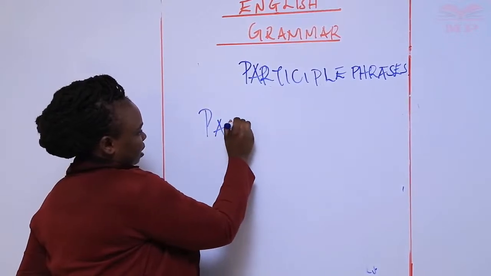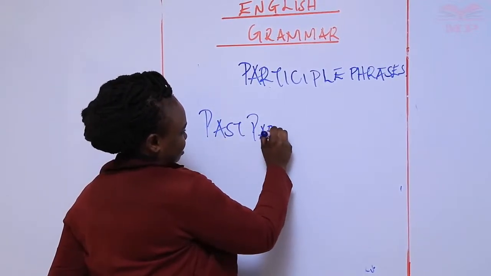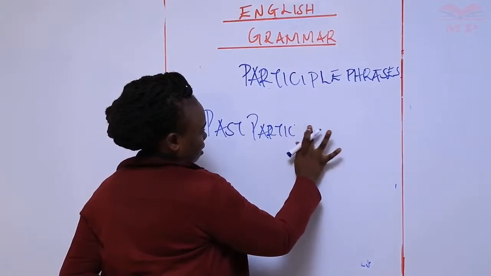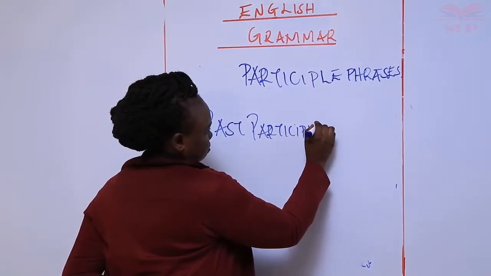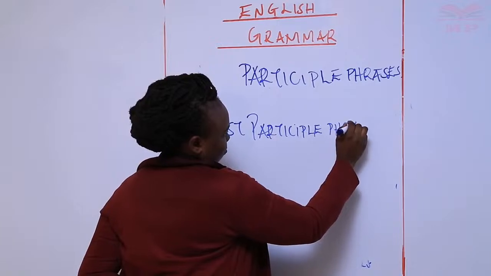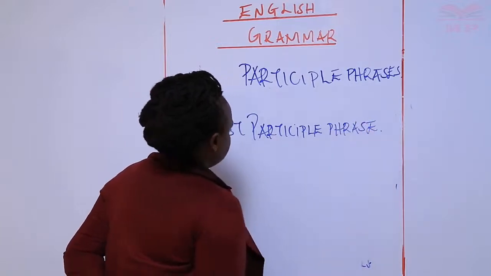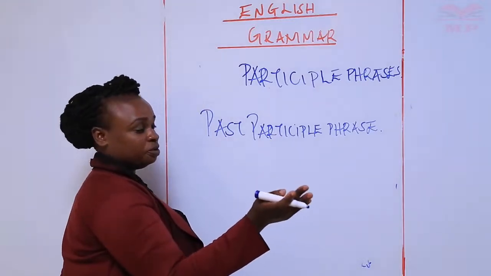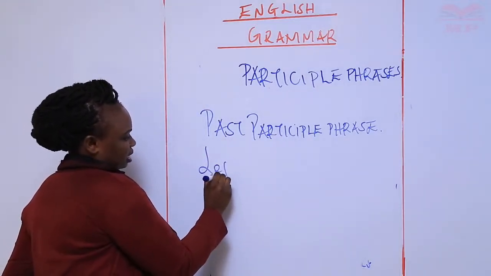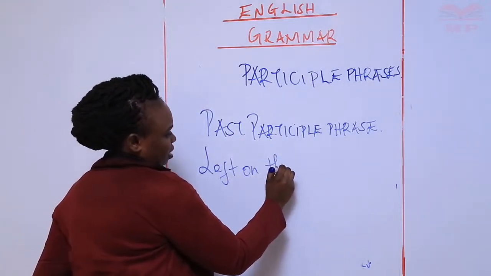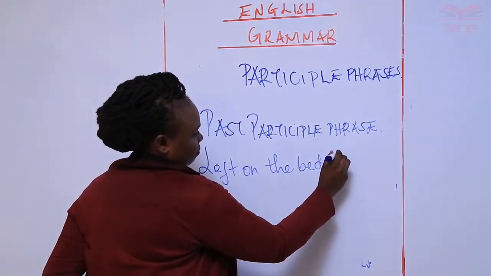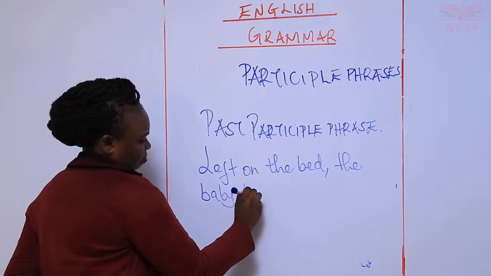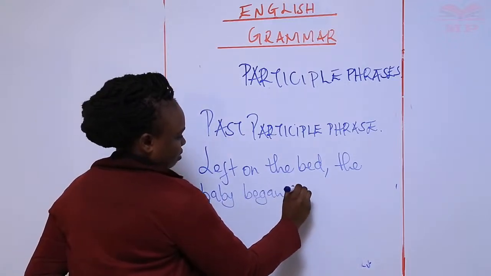So when you look at the past participle phrase, the phrase will start with a past participle. For example, left on the bed, the baby began crying.